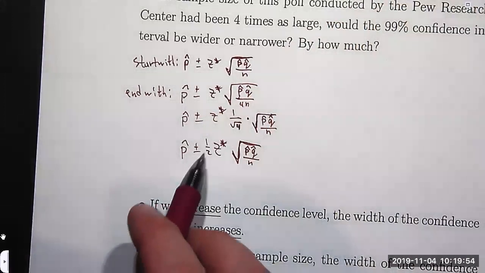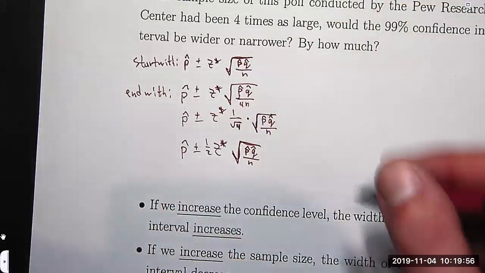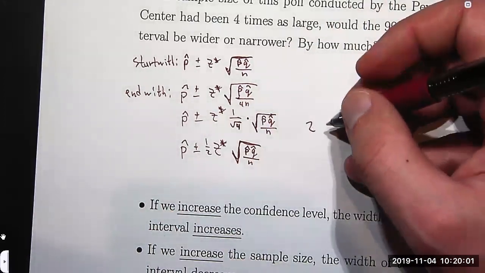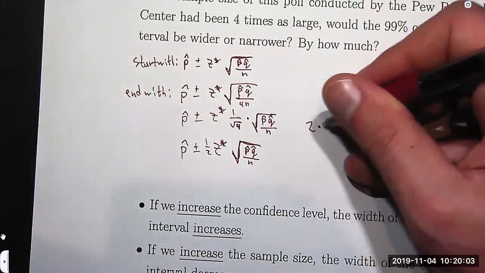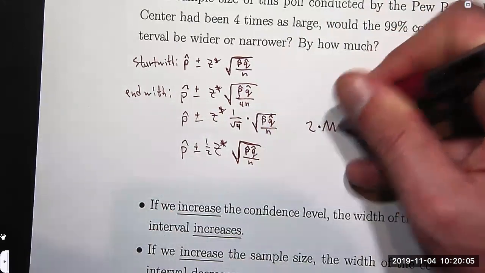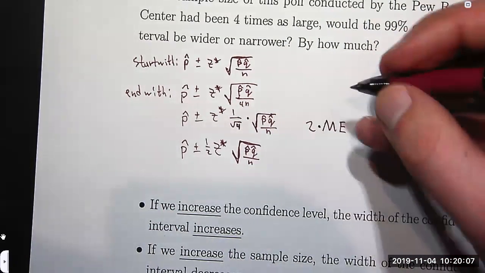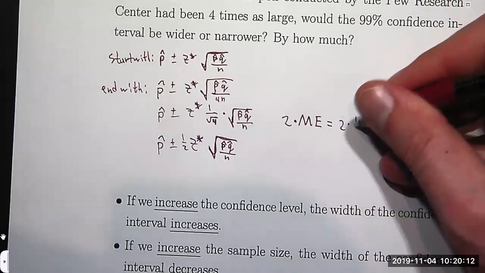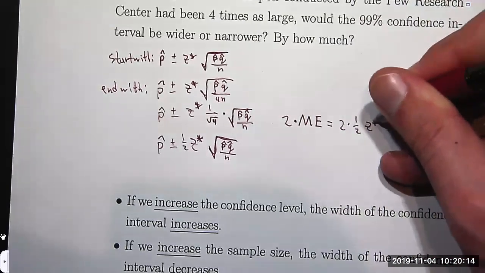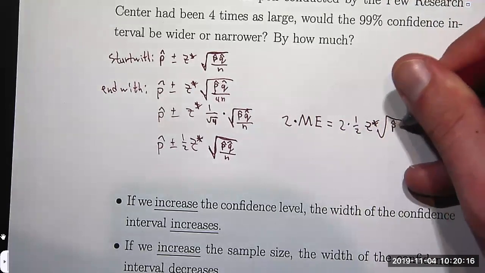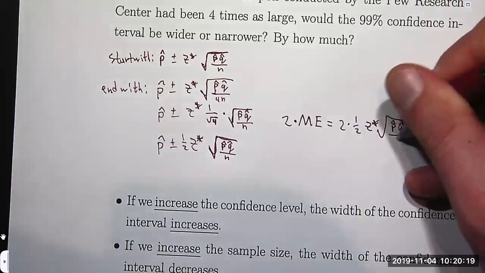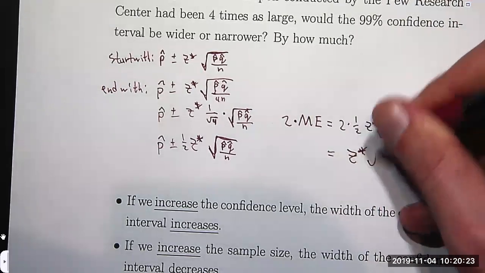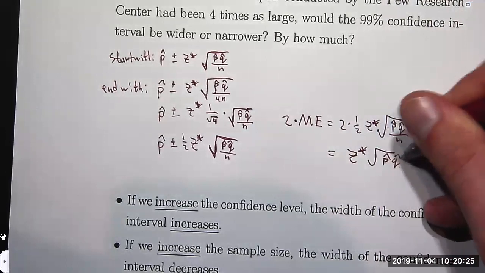It will be 2 times the margin of error. So, or in other words, 2 times the margin of error is equal to 2 times 1/2 z star square root of p hat q hat over n, which is just z star square root of p hat q hat over n.